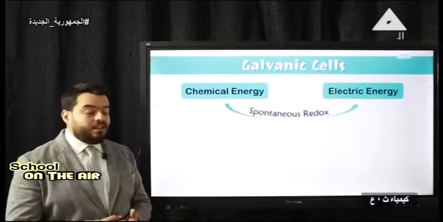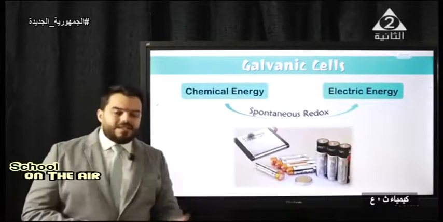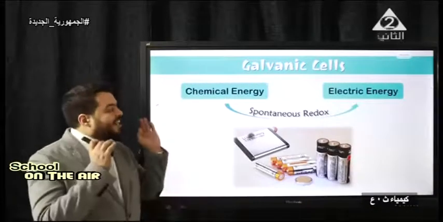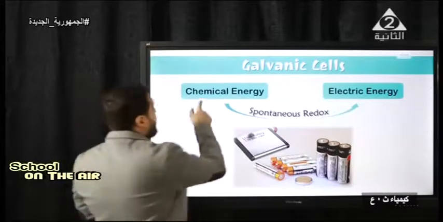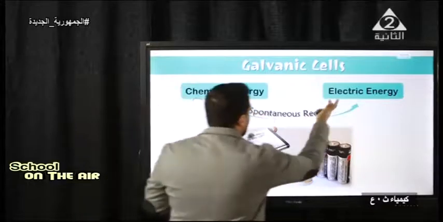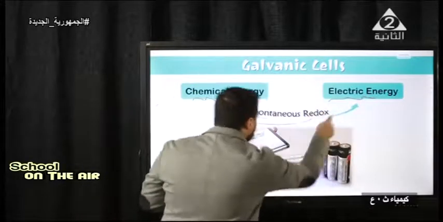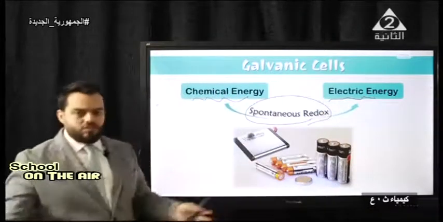What are galvanic cells? You know, the batteries are an application of the galvanic cells. In batteries, you change the chemical energy into electric energy, and this is done through a spontaneous redox reaction.